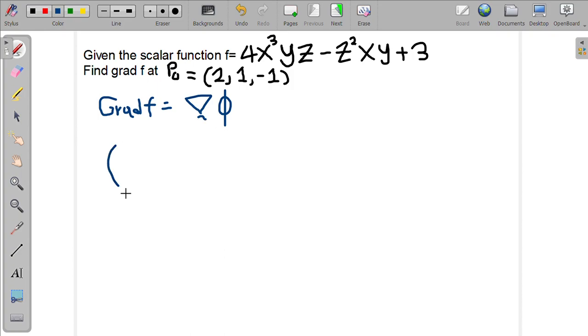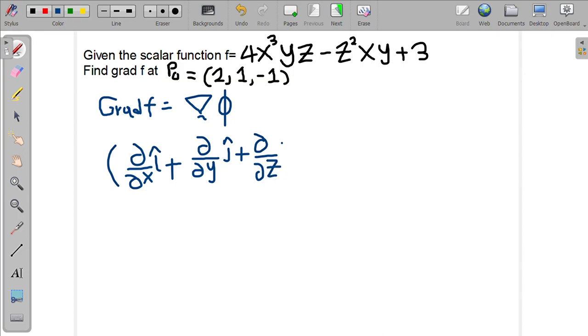So we open the bracket and write del/dx i plus del/dy j, then plus del/dz k.